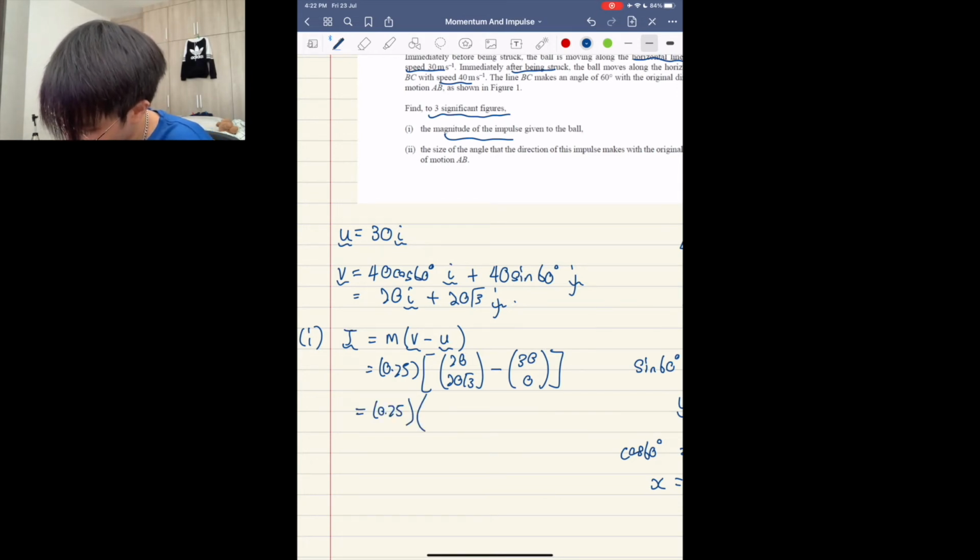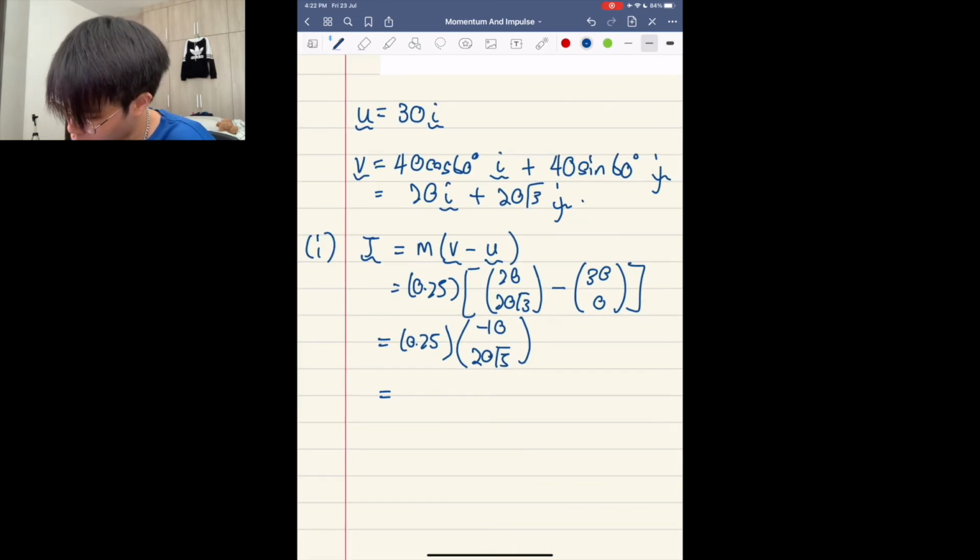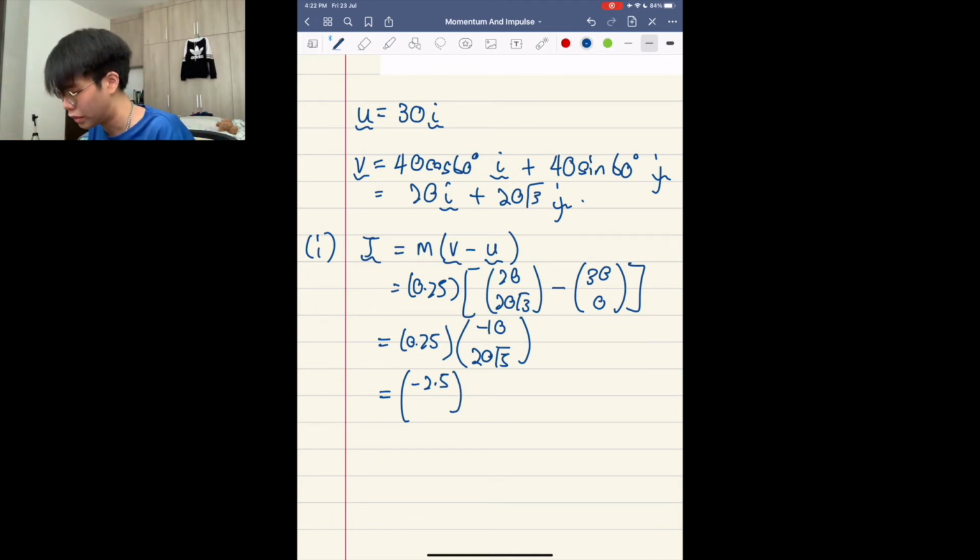So it will be minus 10 and 20 square root 3. If we times 0.25, it will be equal to minus 2.5 and 5 square root 3.